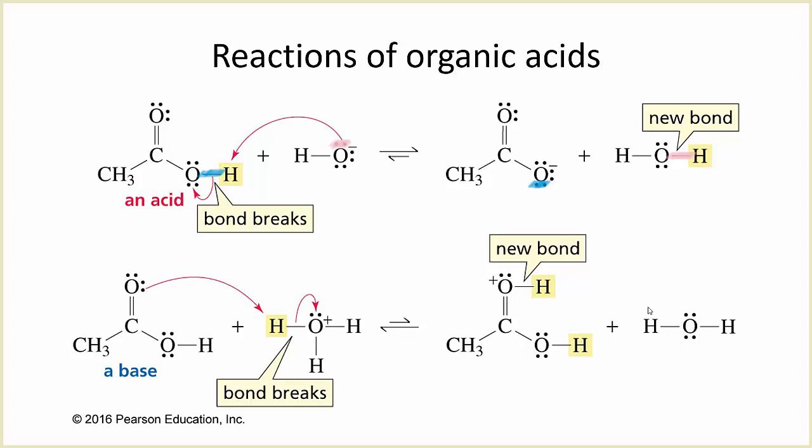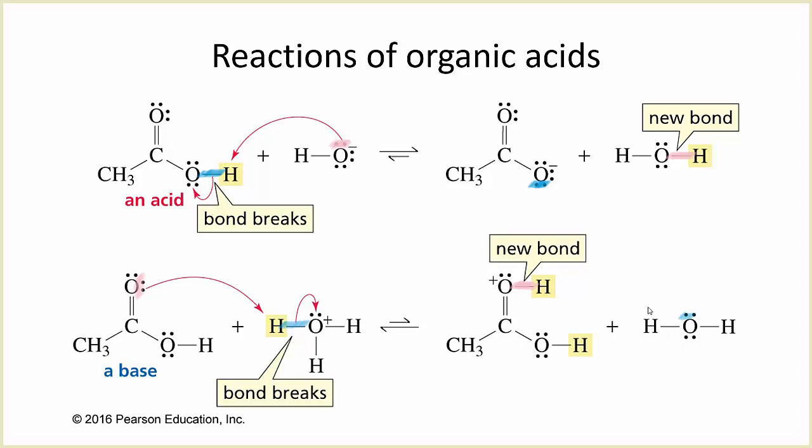This means that this pair of electrons becomes this new pair, this bond here, and that the other pair of electrons, that is this pair of electrons, goes to form another lone pair on the oxygen. In this case, it forms water. So again, very consistent.